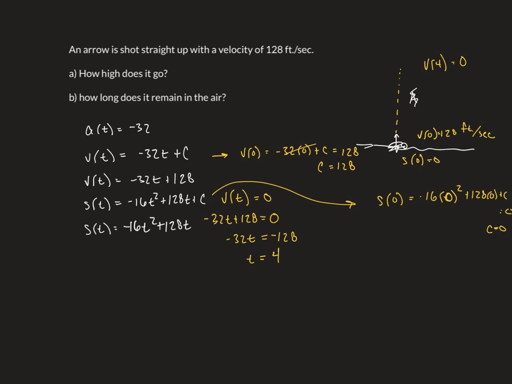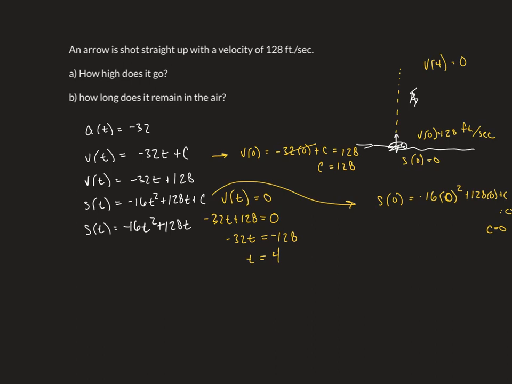All right, so now that we know that, we have a specific equation for position. And to answer these questions, we can use these functions that we've created. We've got our position function, our velocity function, and our acceleration function. So how high does it go? Well, what I can do is figure out what the position of my arrow is when time is 4, because we figured out that at 4, the velocity is 0, which must be the peak of the arrow.